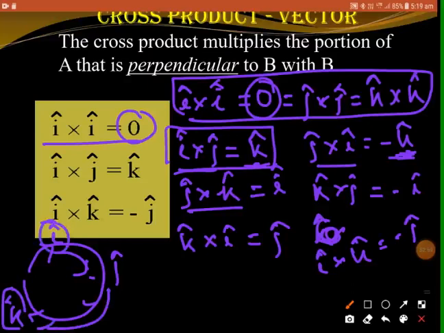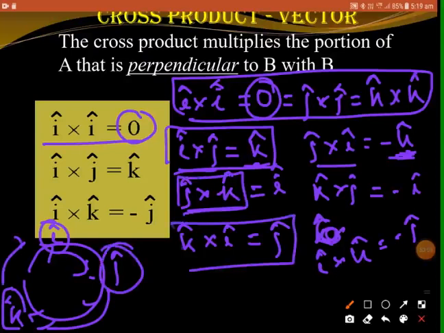So j cross k will give you your i, k cross i will give you your j. Got it? If this order is reversed, or if it is not coming in this cyclic order, then there will always be a minus. Suppose if you take j cross i, then it will give you minus k. If the order is not maintained, then minus of the other will surely come. Got it? Yes.